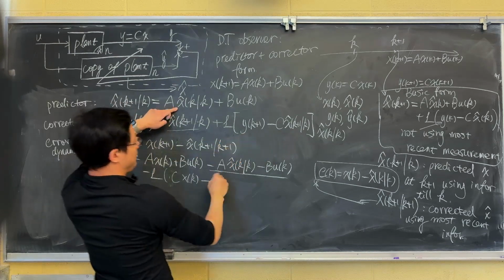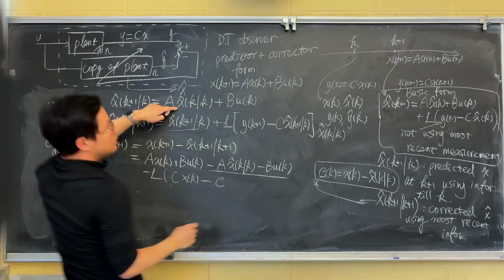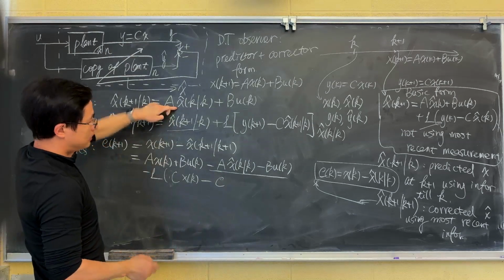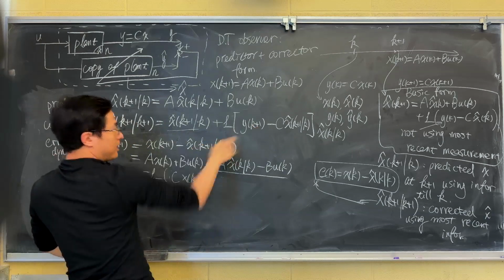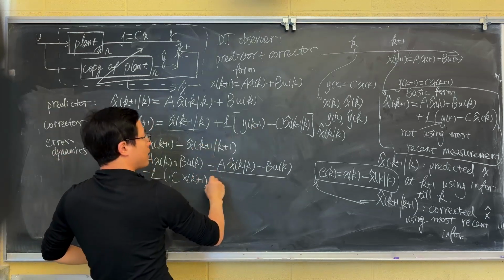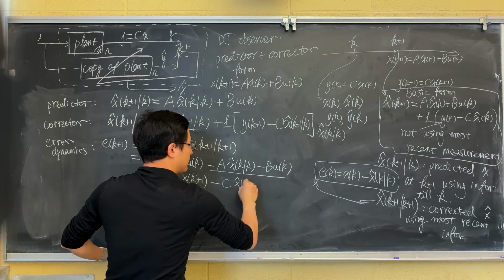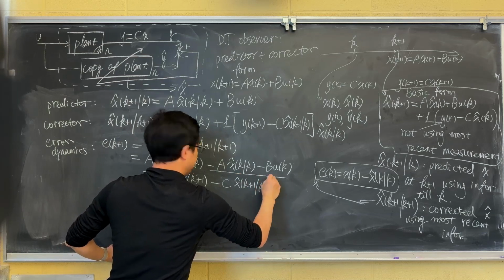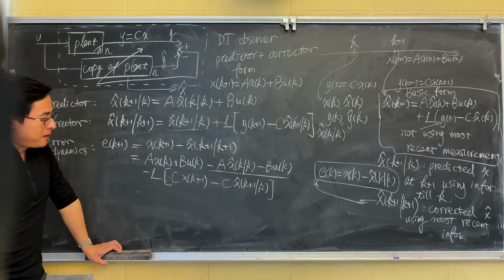So y k plus 1 is C x k plus 1 minus C x hat k plus 1|k. Okay?